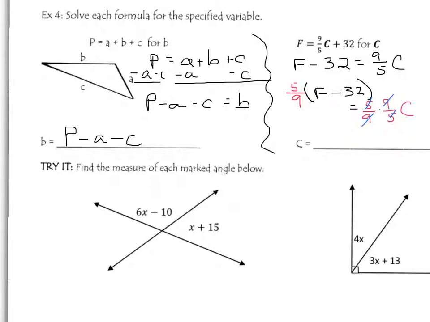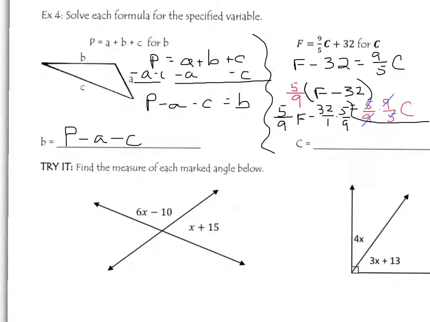So on the left, you could actually leave it like that, or you could write it out: 5/9 F minus 32 over 1 times 5/9.